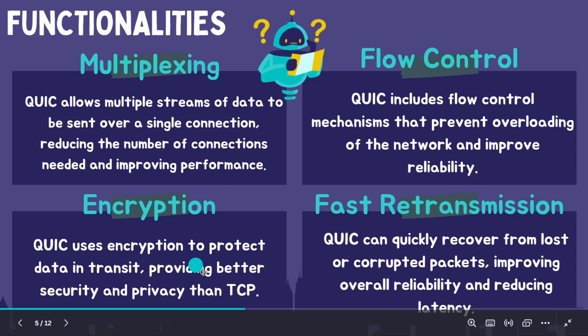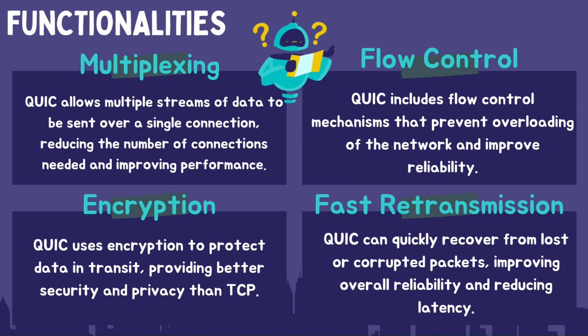QUIC uses encryption to protect the data in transit, providing better security and privacy than TCP. The third is flow control. QUIC includes flow control mechanisms that prevent overloading of the network and improve reliability.